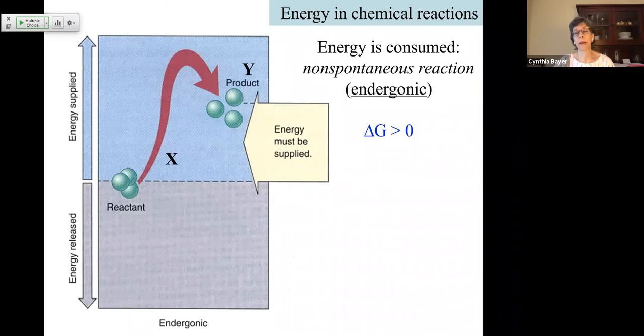And again, that energy that must be supplied may come from hydrolysis of ATP. It may come from the light energy of sunlight. Again, this reactant, even when it's converted to Y, requires even more energy to be supplied. The difference between X and Y still has to overcome this energy barrier, this activation energy.